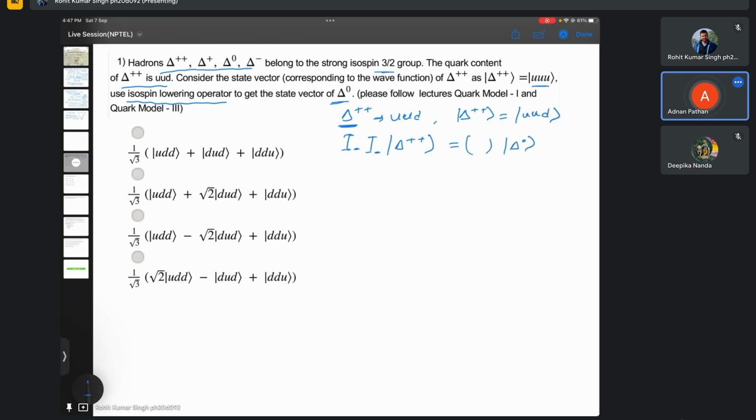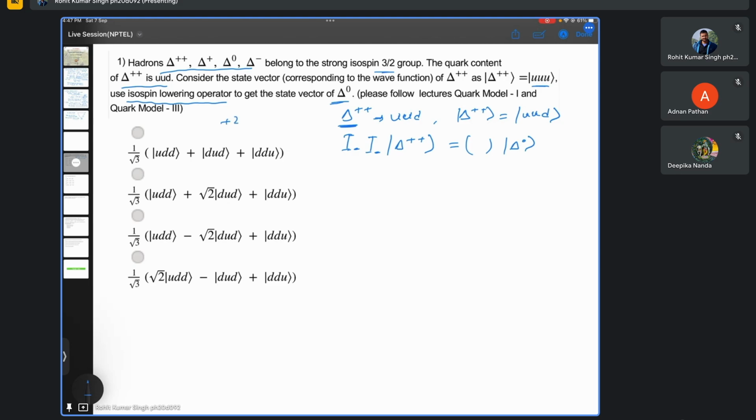Sir, for delta plus plus shouldn't it be UUU, the quark content? Is it UUD or is it UDD? Wait. UUU. Its charge is +2, right? Yes, sir. It should be UUU. Yeah, then here is the misprint. Yeah, you are right.